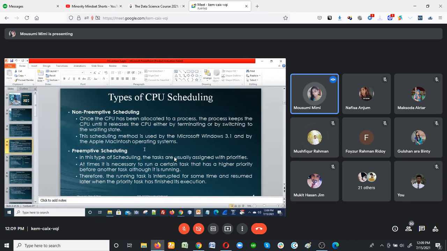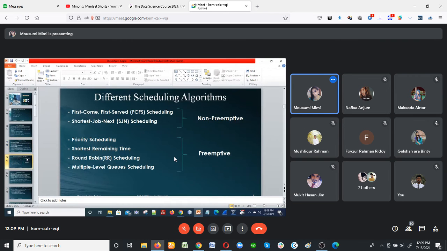Now non-primitive scheduling means that according to the queue list, I take the process one by one. There is no priority task, there is no interrupt handler. Say for example, I will take your oral exam. According to your serial, I take the oral one by one. I do not break the serial.